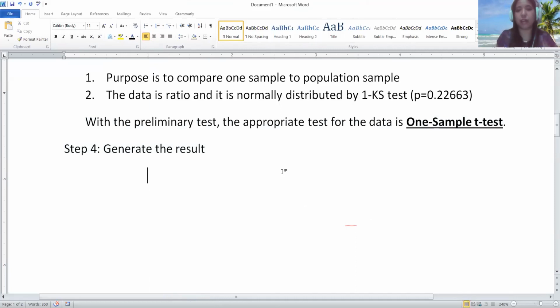So just like using 1KS using our online calculator, we will also do that for us to compute for one sample t-test. So where will we enter our data now? So in quick statistics, we can find also here the t-test for one sample or t-test calculator for a single sample.